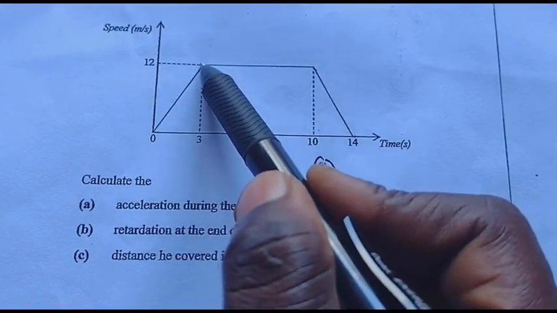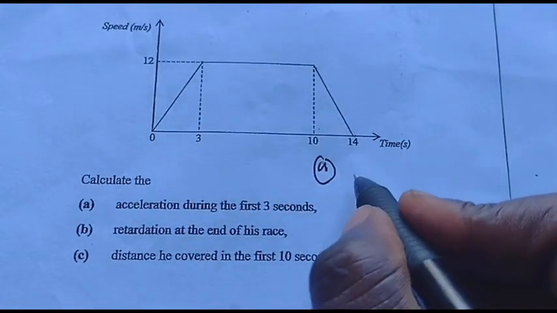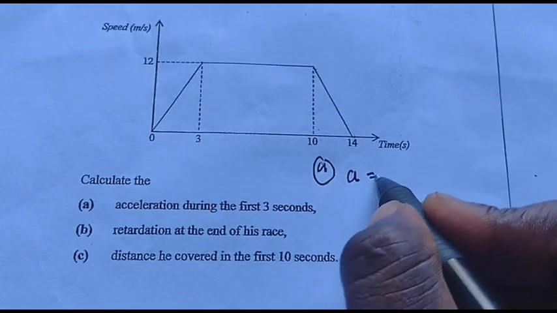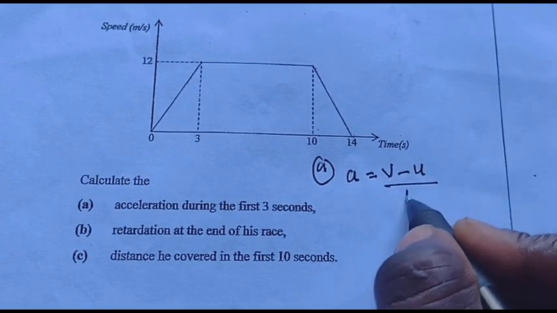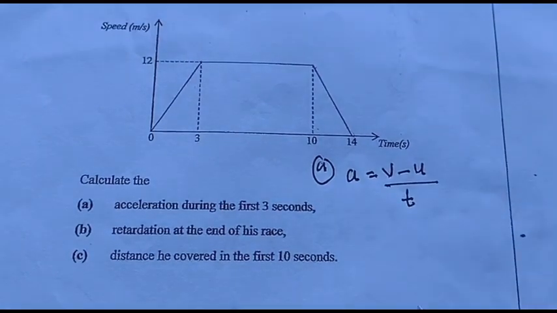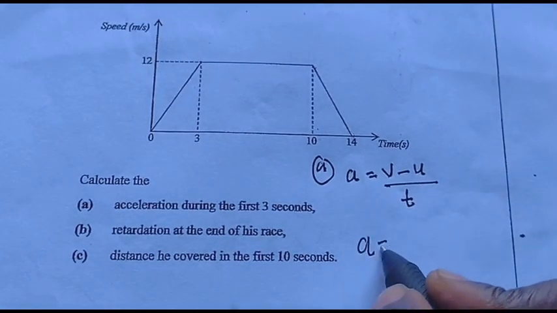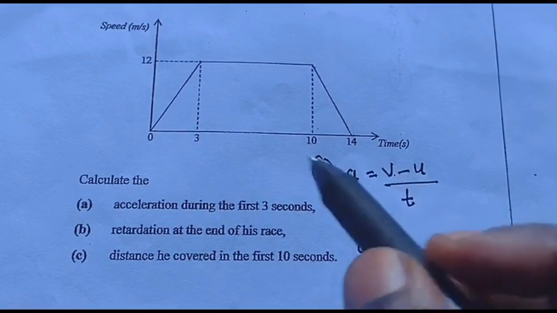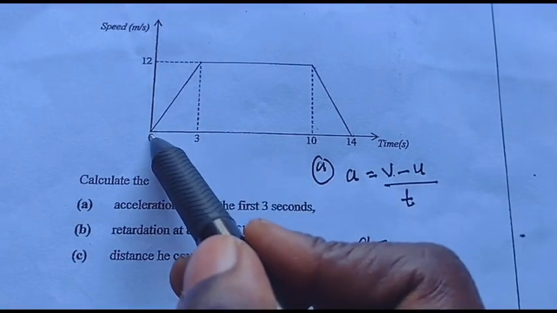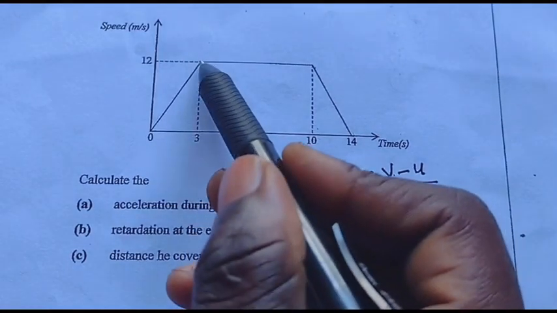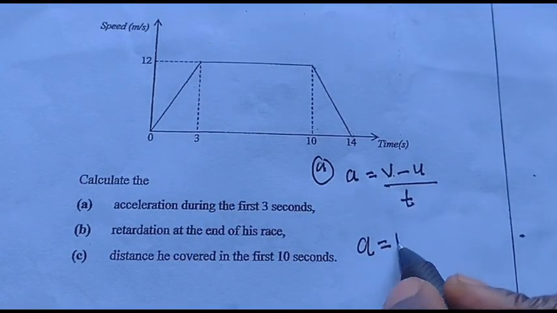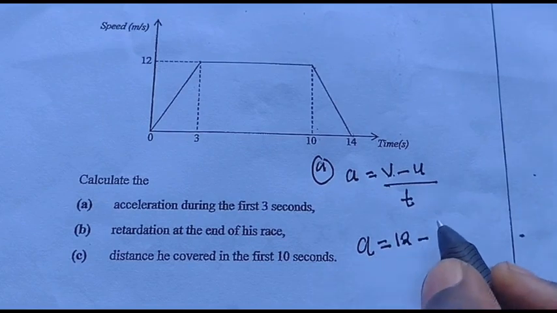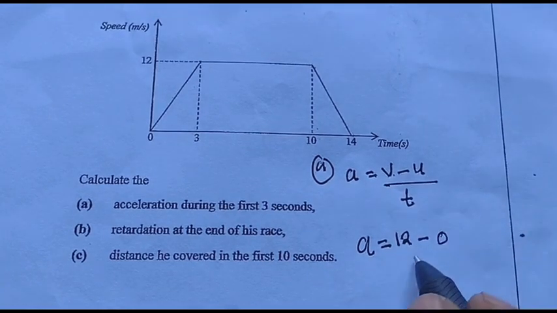So acceleration is given by this formula: acceleration is equal to final velocity minus initial velocity over time. The initial velocity is 0, and the final velocity was 12.